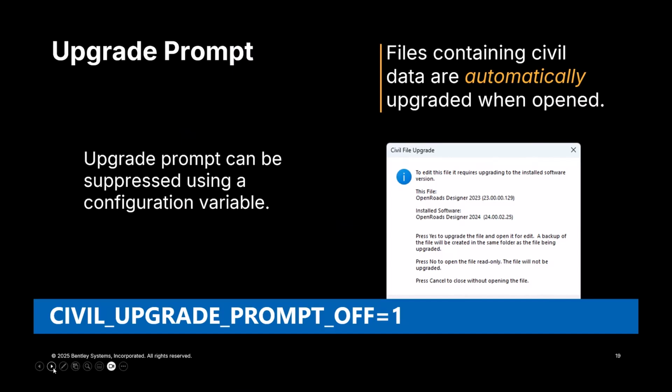Now, the flip side is, let's say the project team was all upgraded to the new version, and you start updating the files just by opening them. Somebody opens the corridor file, as an example. It's going to upgrade automatically just because they opened it. Does it matter that the terrain file or the geometry file or something else hasn't been upgraded yet?